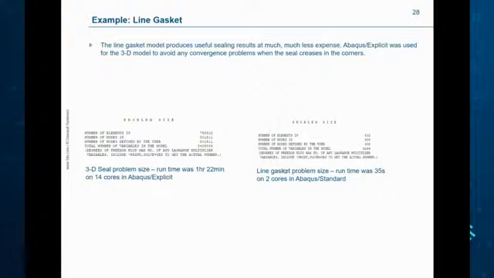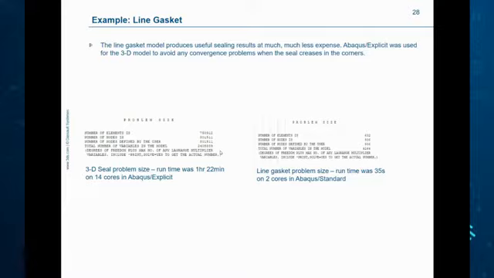In Abaqus Explicit, the number of degrees of freedom was 2.4 million. The line gasket model ran on my laptop in 35 seconds on 2 cores in Abaqus Standard, and I only have 4,164 degrees of freedom. So that seems pretty good.